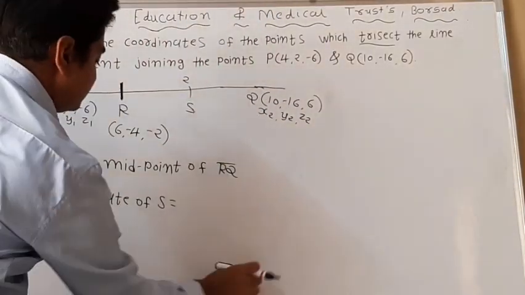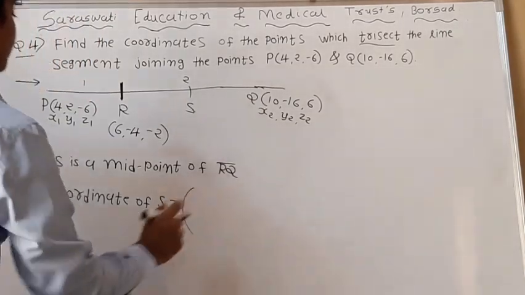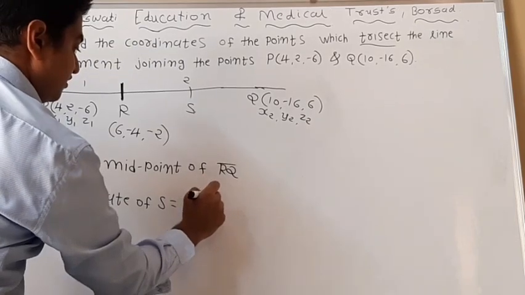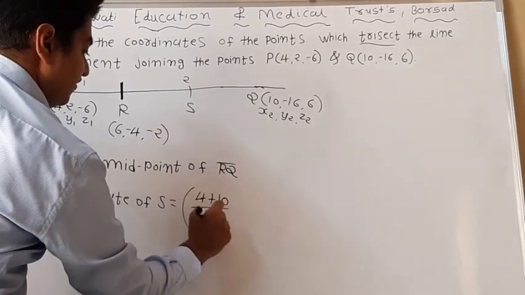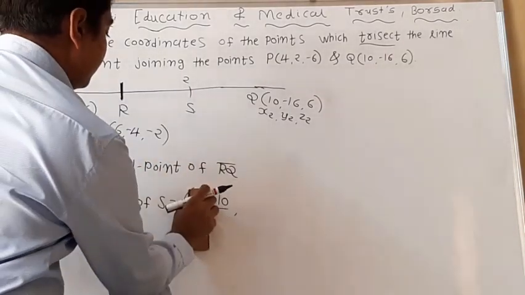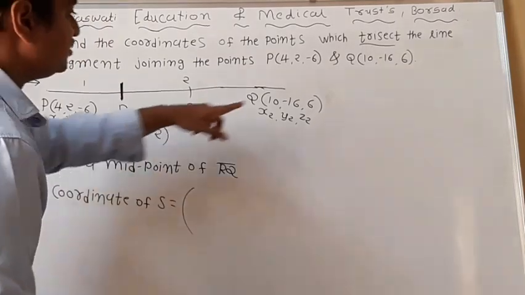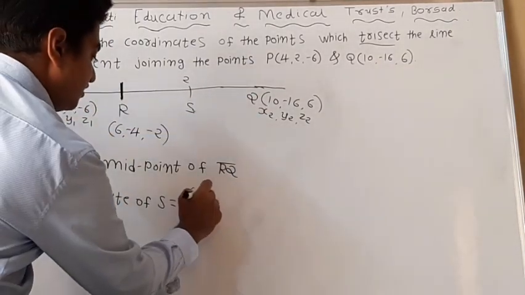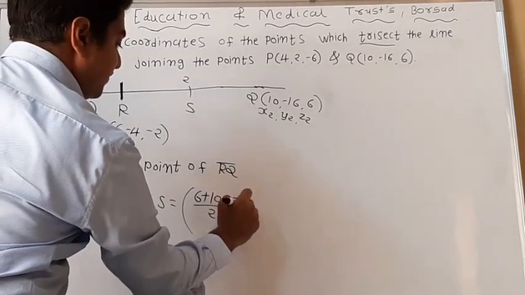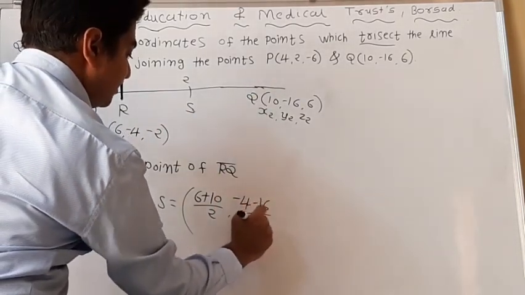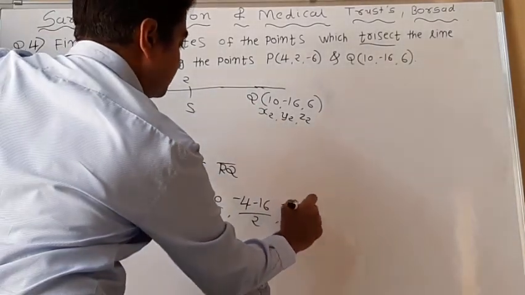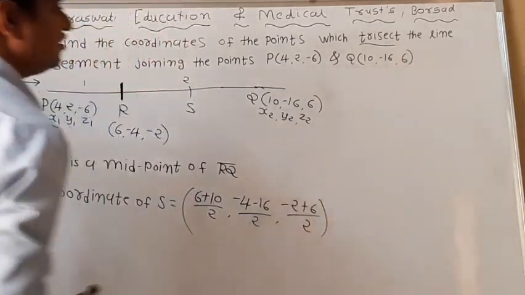in bracket, 4 plus 10 divided by 2. Sorry, for RQ that means 6, not 4. 6 plus 10 divided by 2, minus 4 minus 16 divided by 2, minus 2 plus 6 divided by 2.